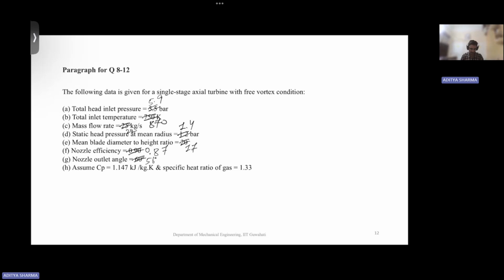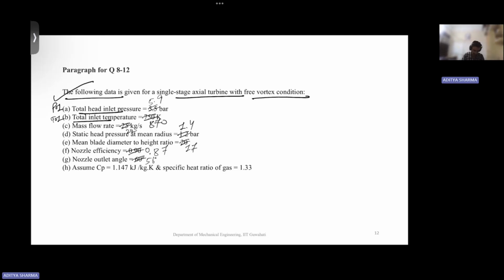The following data is given for a single stage axial turbine with free vortex condition, that is C_w into r is constant. Then total head inlet pressure P01 is given. Then T01 is given.